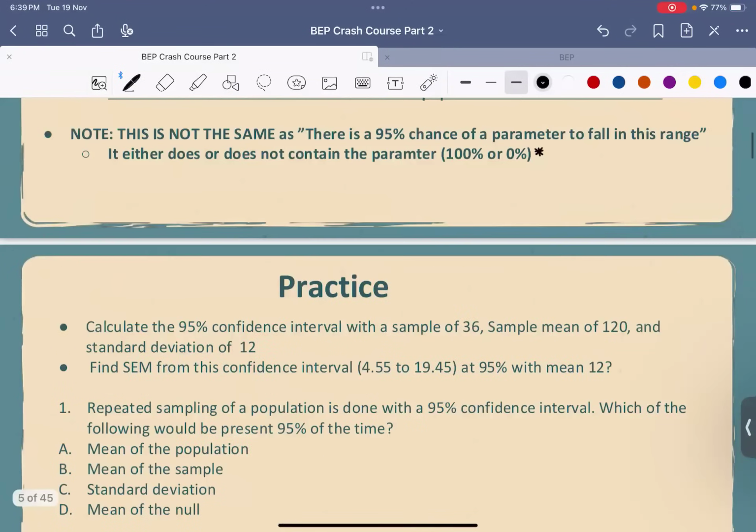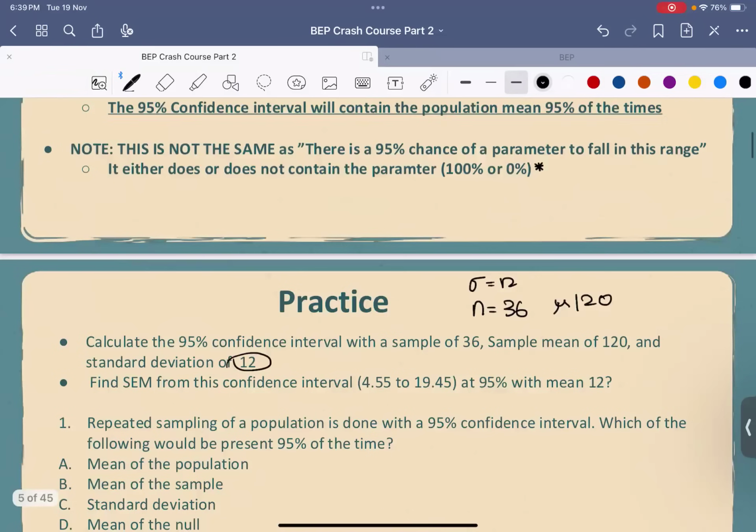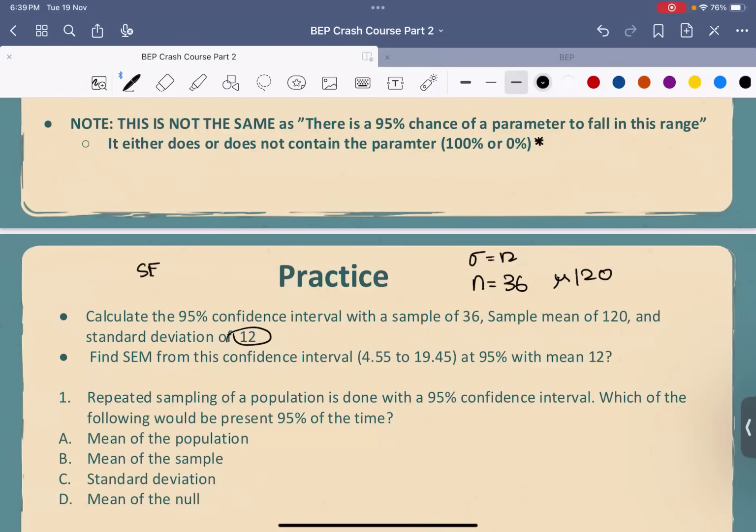We have a sample of 36, so n equals 36. We have a mean of 120 and a standard deviation of 12, so sigma equals 12. Now SEM, if we recall from pre-midterm, is standard deviation over the square root of n. The square root of 36 is 6, so 12 over 6 is 2. So SEM equals 2.